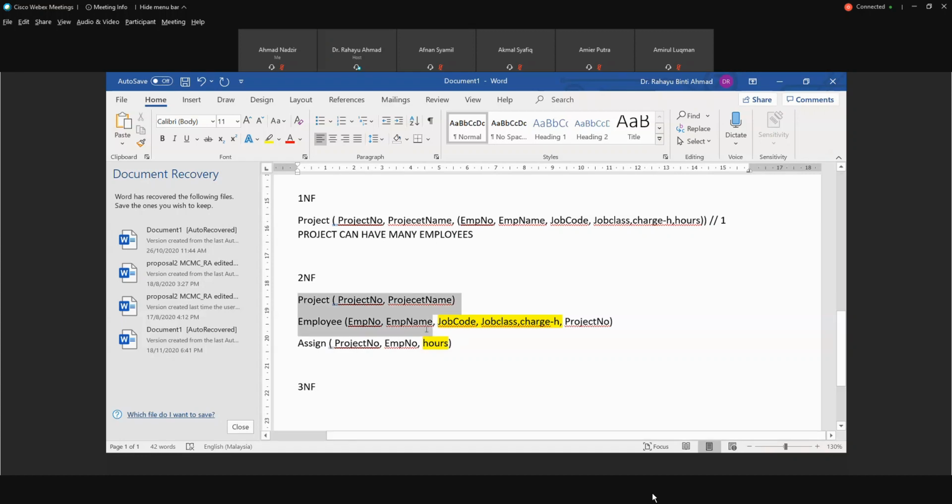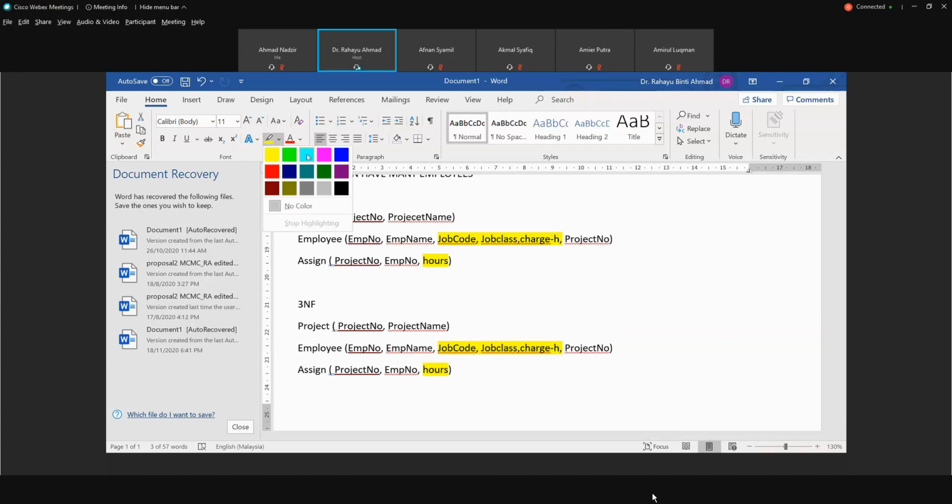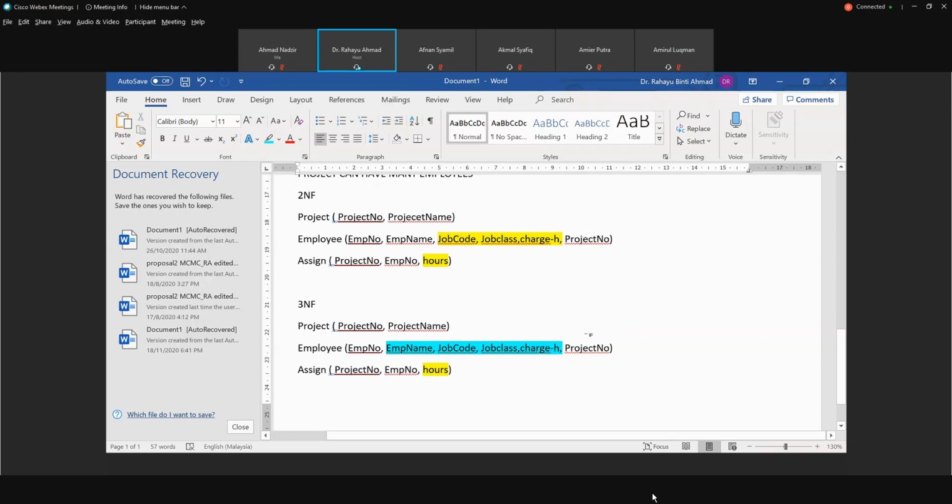Okay, 3NF first you copy semua dulu. So you cannot copy that lah, you tak pakai Microsoft Word dalam exam. But so apa you kena check dalam 3NF, you check sama ada ada tak any attribute yang depend on a non-key. So yang ni you tak perlu check. Obviously dia hanya ada satu. So for this one, you check this one. Okay, ada tak any attribute yang depend on a non-key?